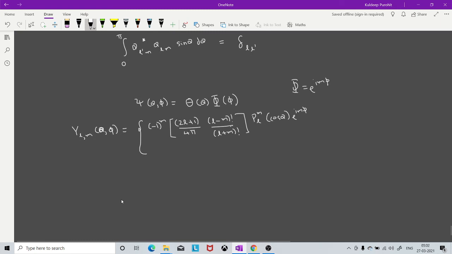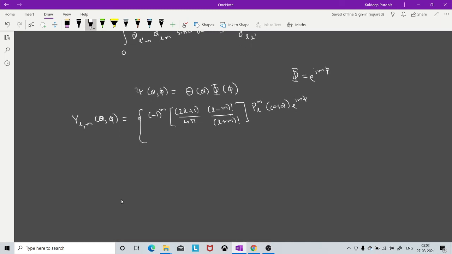Basically, when you normalize it, you will get a term of under root of 1 by 2 pi also, so that you have to multiply, and you will get (-1) raised to m, the same thing.